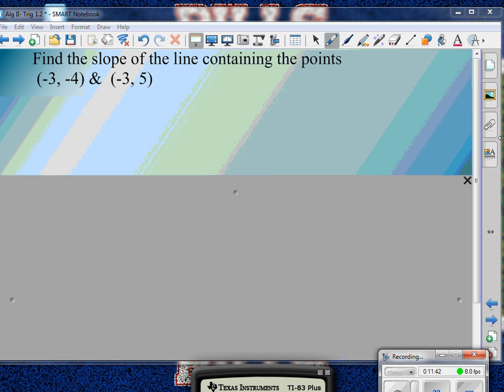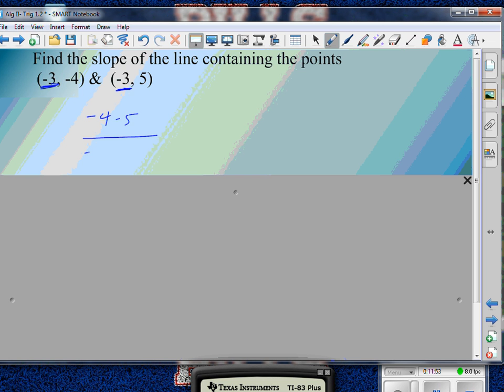What happens when the x values are the same? Well, if I take my y values, negative 4 minus 5, and negative 3 minus negative 3. Negative 4 and negative 5 is negative 9. That becomes a positive. Negative 3, positive 3, 0.